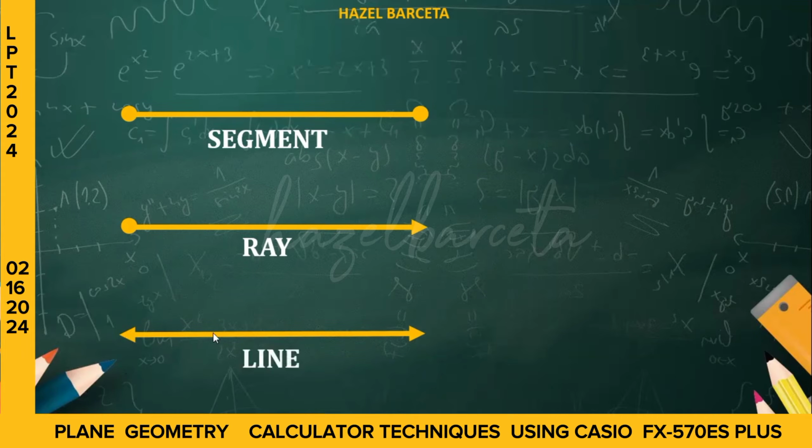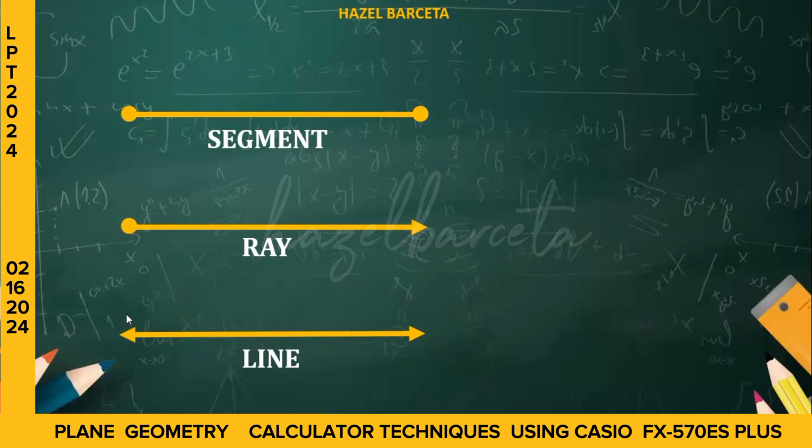So, si line ay continuous. Si ray ay endpoint and continuous sa isa at si segment naman ay finite. Fixed po siya. Dito lang siya. So, parang relasyon nyo nagsimula at natapos. Ito ay nagsimula, define ang simula, at may forever.